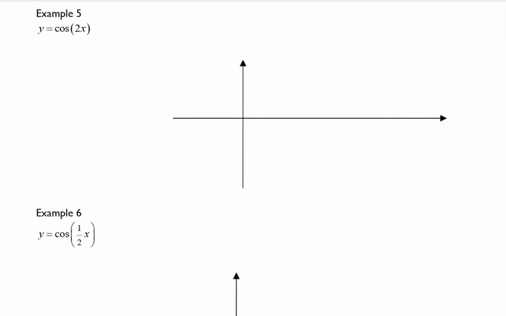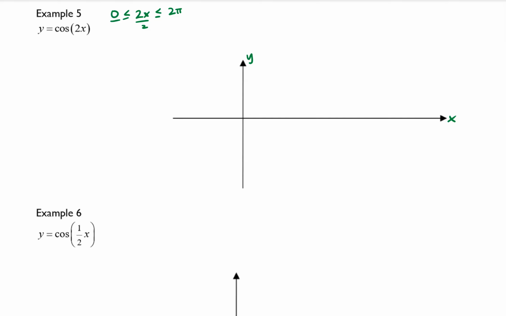Example 5 wants us to graph y equals cosine of 2x. Now, before we graph this, I'm going to label my y-axis and my x-axis, and we know that 0 is less than or equal to 2x, which is less than or equal to 2 pi.